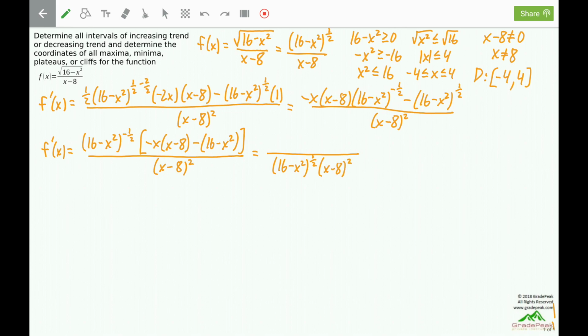squared. And in the numerator, we can now distribute the negative x into the x minus 8, which will be negative x squared, and a positive 8x, and the negative into the 16 minus x squared, which will be negative 16, and positive x squared.